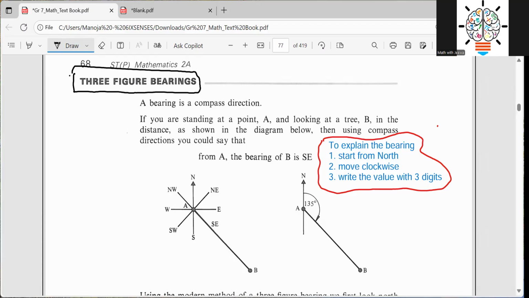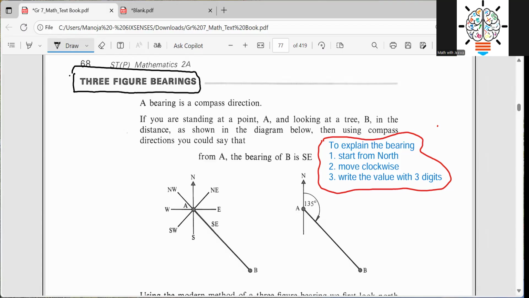After that, you can write: a bearing is a compass direction. If you are standing at a point A and looking at a tree B in the distance as shown in the diagram below, then using compass direction you could say from A, because A is connected with the north direction, the bearing of B is southeast. That's the direction, right? Southeast.